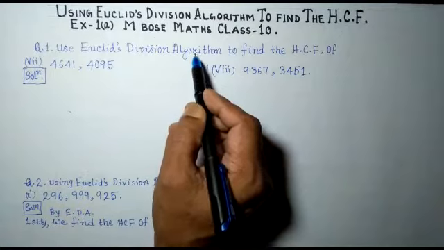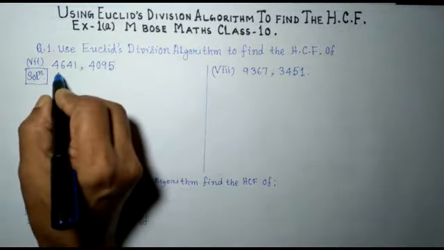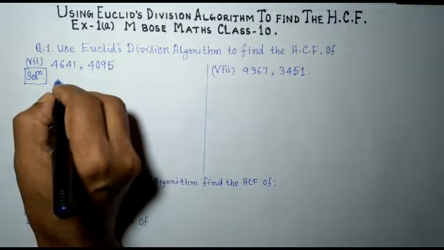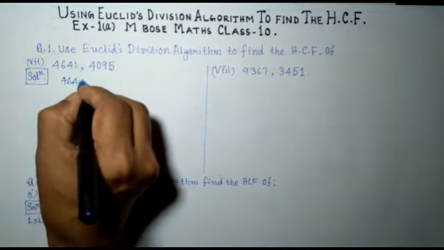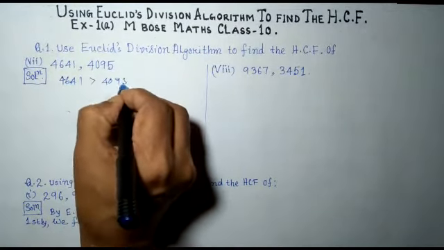So our first work, see what is the biggest number between these two. We see 4641 is bigger than 4095. So we write 4641 greater than 4095.